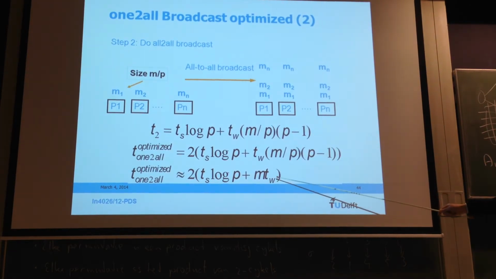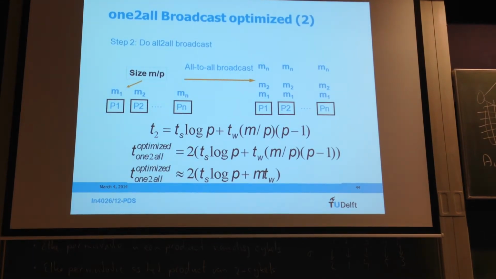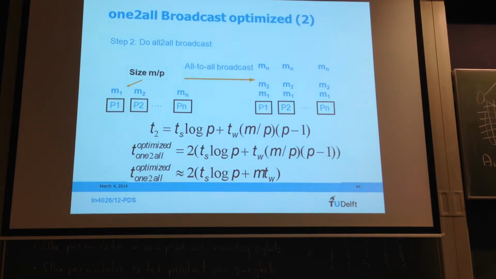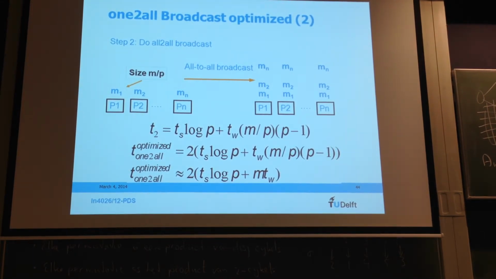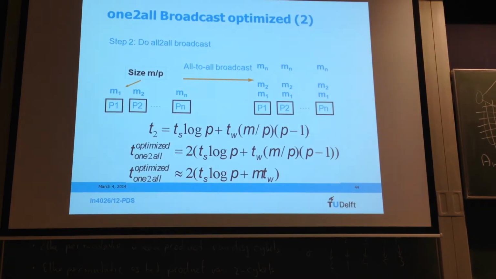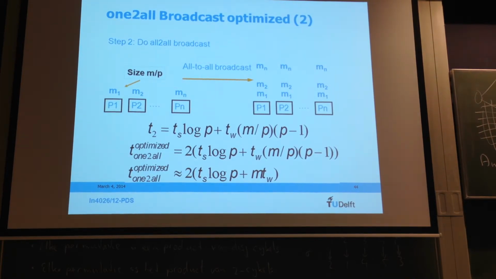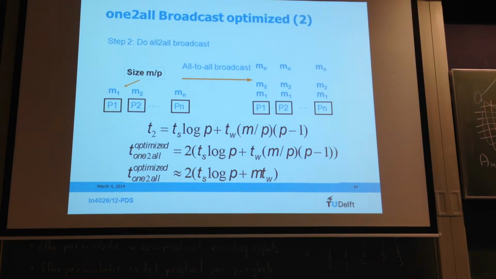So we get an optimized one-to-all which is not depending on P. This is extremely nice, right? So we have a one-to-all broadcast by this mechanism, which is even constant complexity, not even depending on P. This is really nice, right?